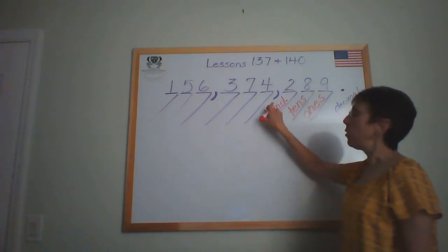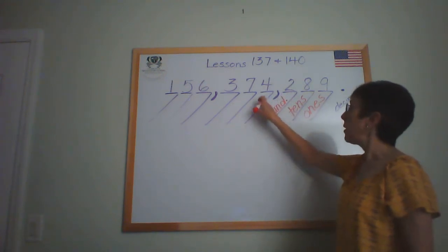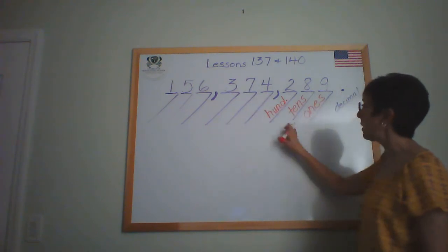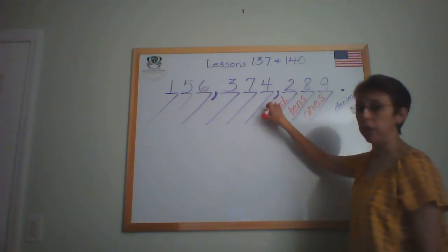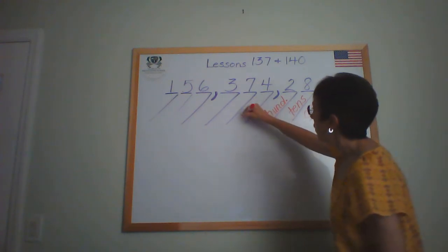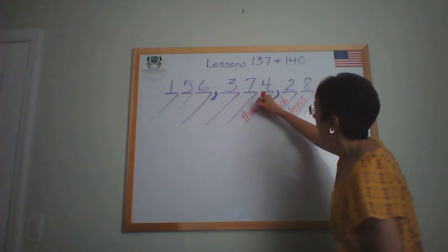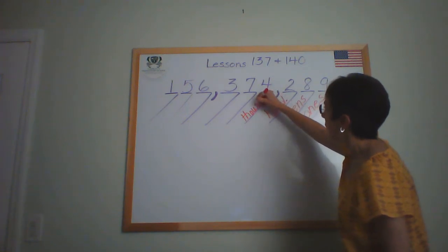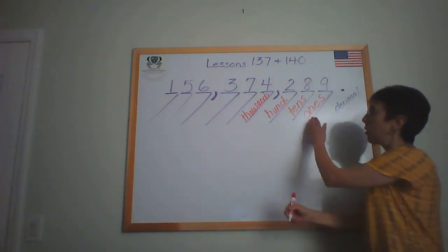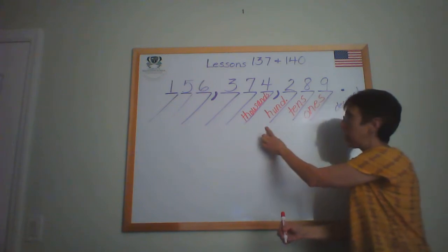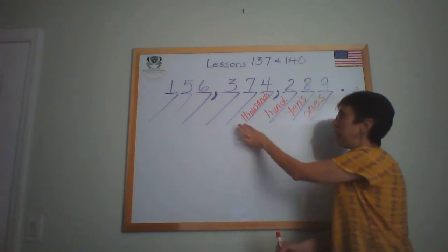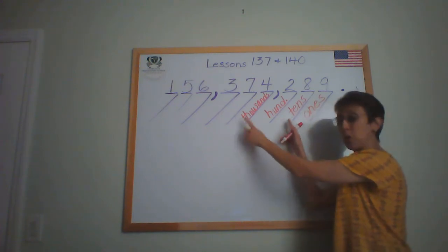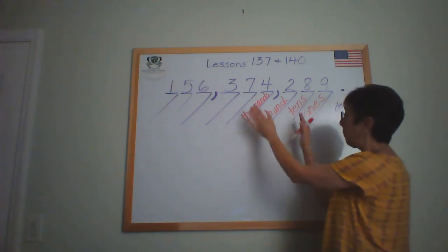Right. Then you know you have your comma. You know that to the left of the comma is your thousands. So you have ones, tens, hundreds, followed by the comma, and then you have your thousands. Then we're going to repeat the pattern.